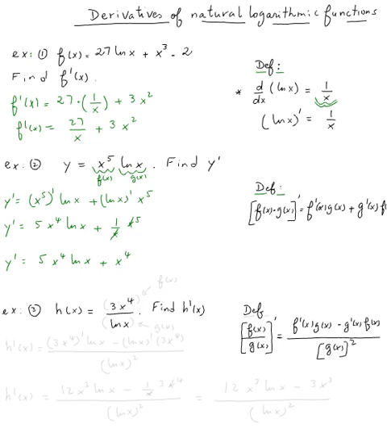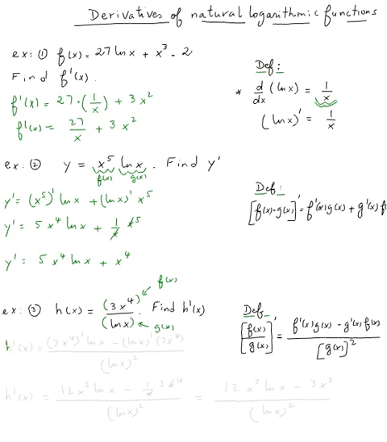Now for example 3, we have a quotient rule involving ln x. So again, here's the definition right here. So we think of the numerator as f of x. The denominator is just g of x, right?